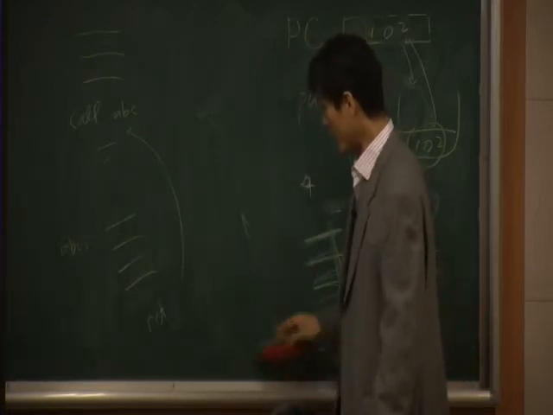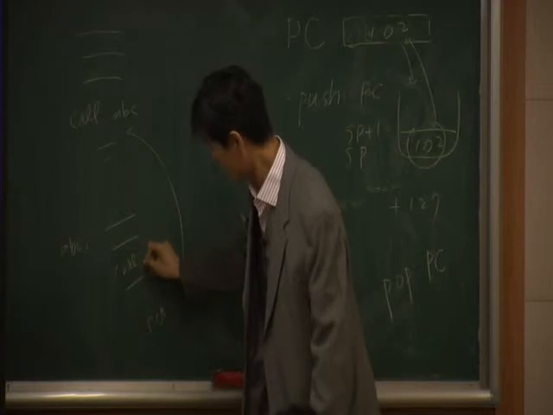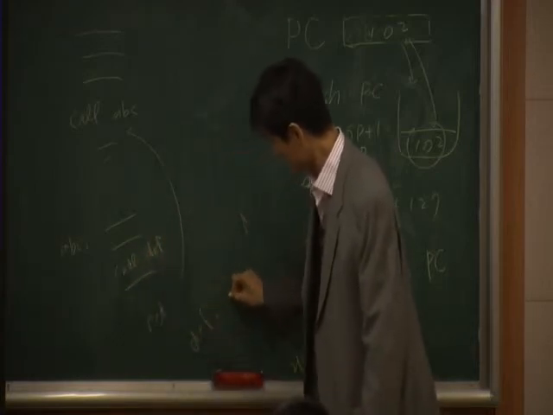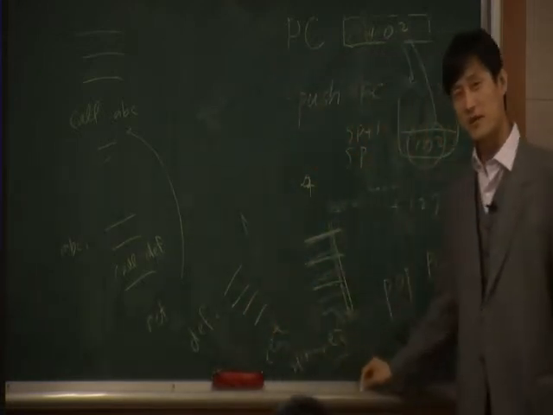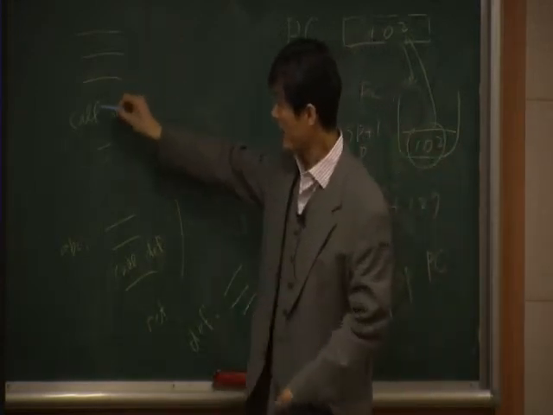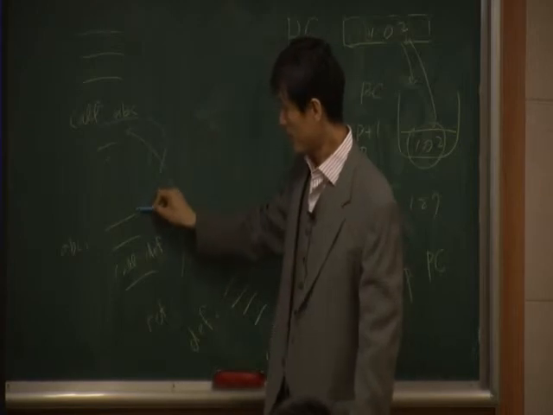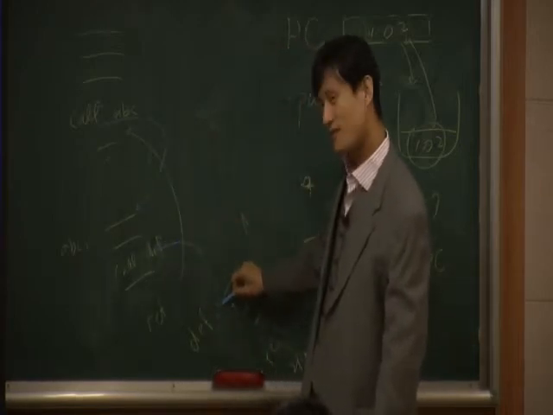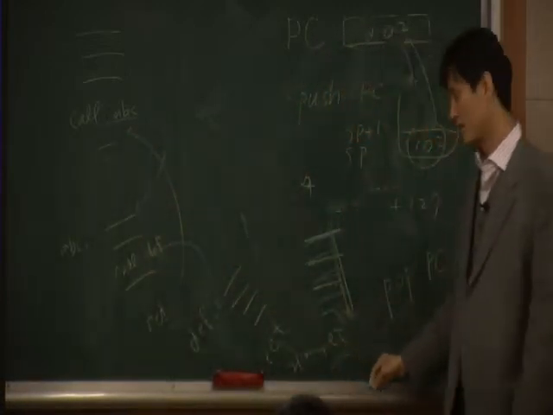But let's say I have another call here. Inside the subroutine, I also call DEF, and my DEF is somewhere else. And I have return. In this case, what happens? This is my main program, and I call the subroutine, so therefore I jump. And inside the subroutine, I have another subroutine. Then I come back. So in that case, what happens to the stack?